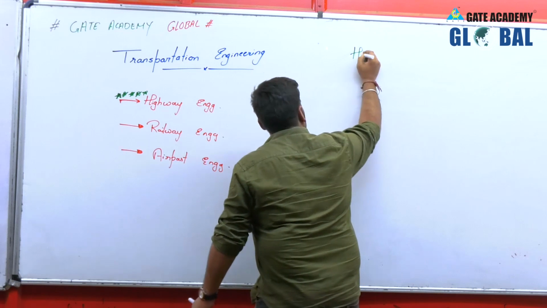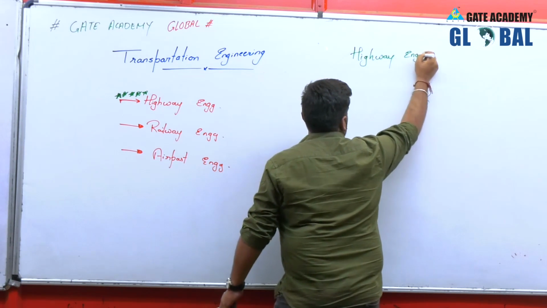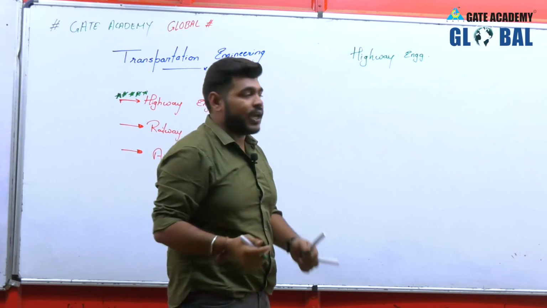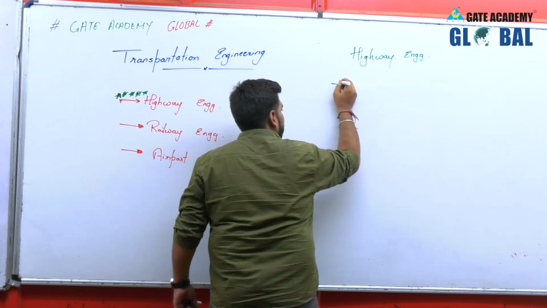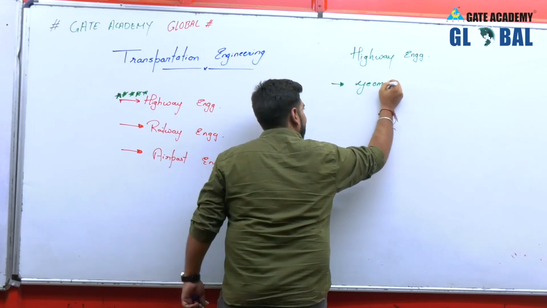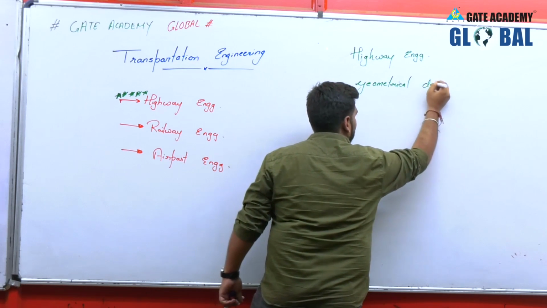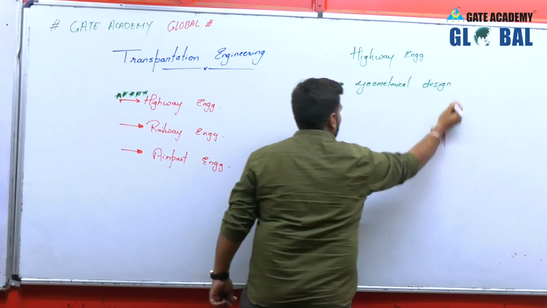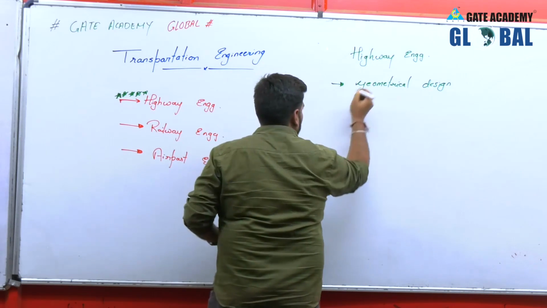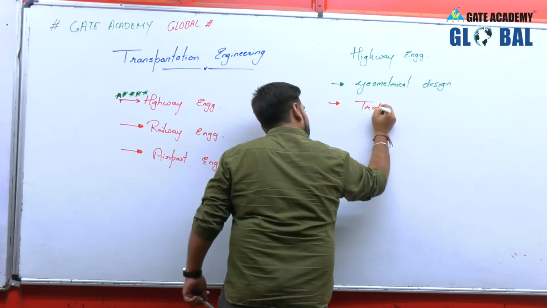So highway engineering syllabus is divided like this. In the first step we are going to discuss geometrical design. In the second part, after geometrical design, we are going to discuss traffic engineering.